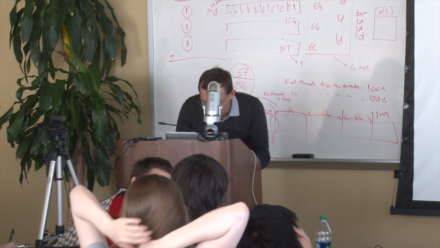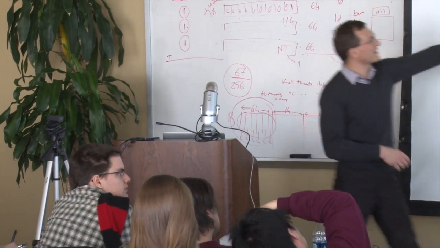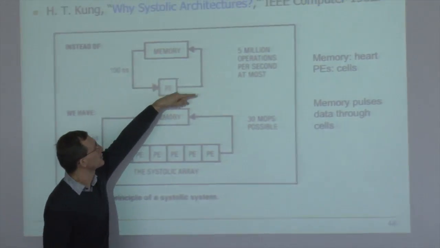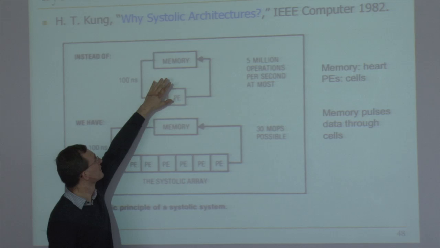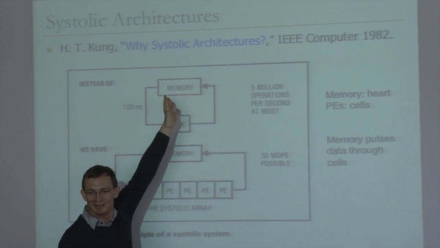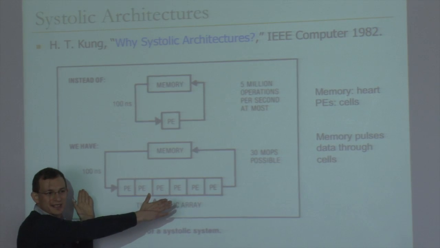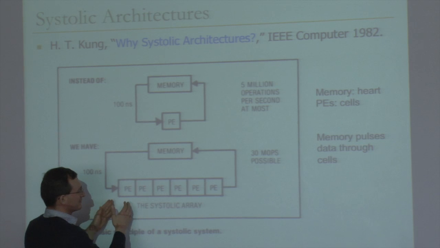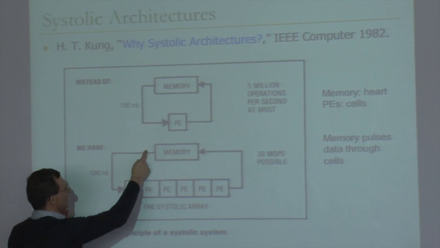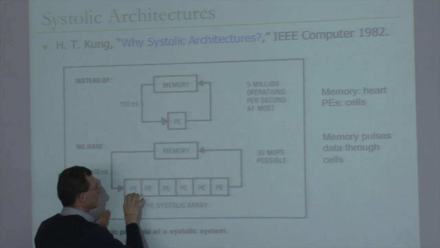So let's just talk about the concept. Basically, the concept is very simple. Instead of loading data, processing on it, and storing data, and then having another processing element load data, process on it, and store data, you chain a bunch of processing elements such that they operate in a pipeline manner. Make sense? In this case, it's a linear array of processing elements.